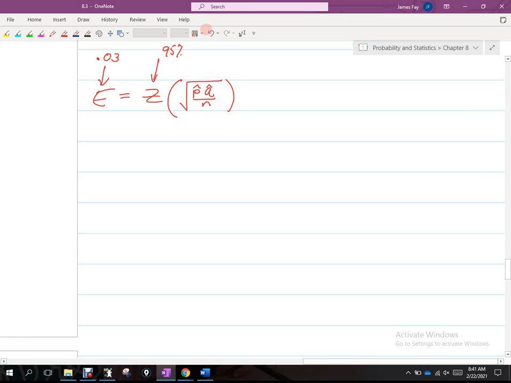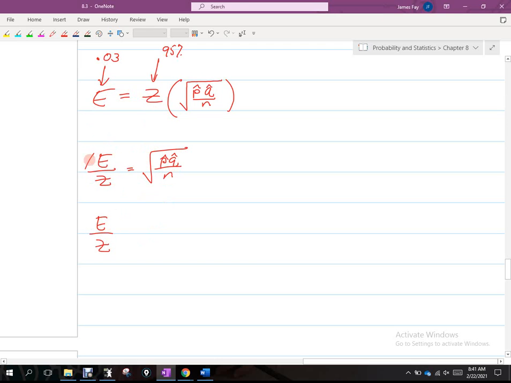When we solve for n, okay, if I go through this process, I'm going to divide both sides by z, and that would give me the square root of p hat q hat over n. I'm going to square both sides.